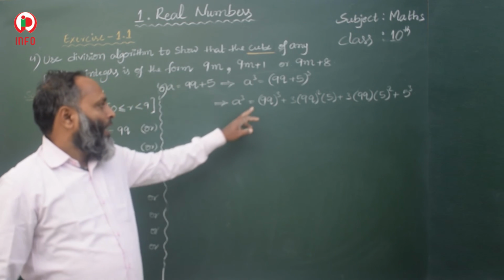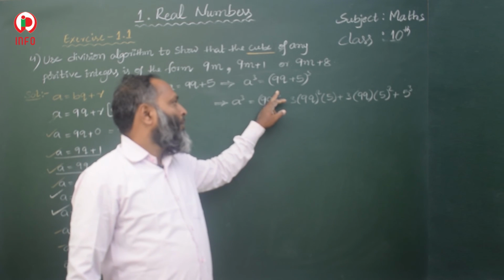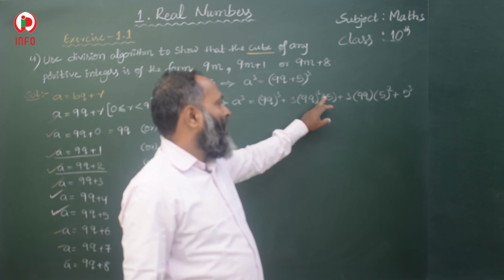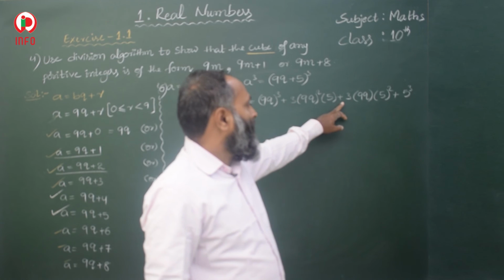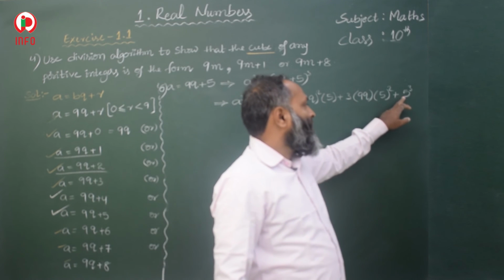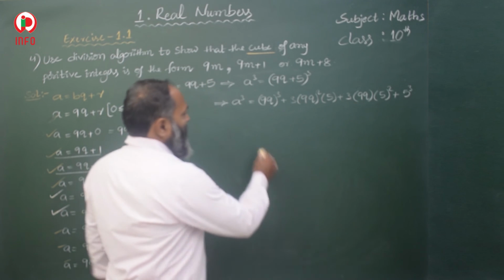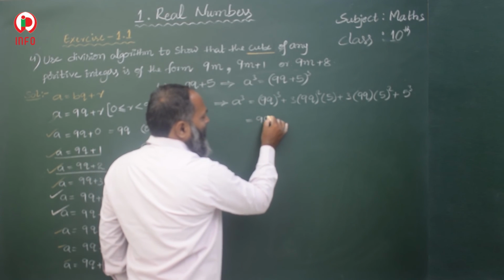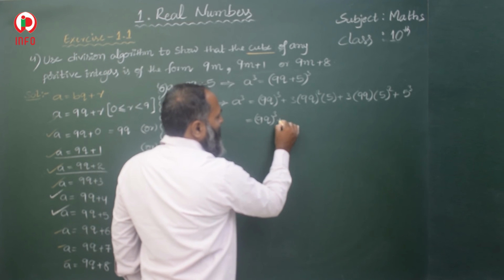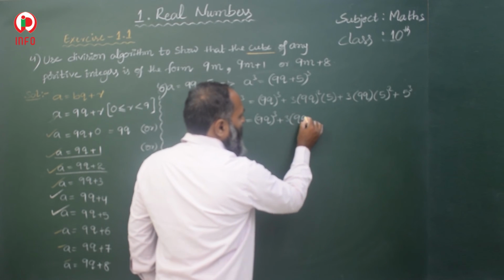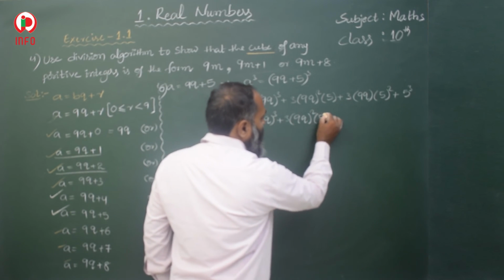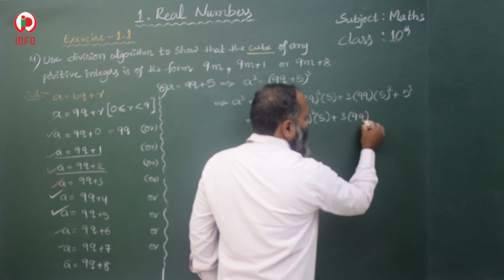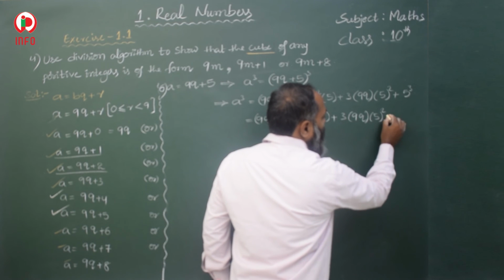Okay, a cube means 9 cube whole cube, plus 3 a square, a means 9 cube whole square, into b, plus 3ab square plus b cube. Now you keep till here the same and 5 cube is split. So 9 cube whole cube same, plus 3 into 9 cube whole square into 5, plus 3 into 9 cube into 5 square and 5 cube.